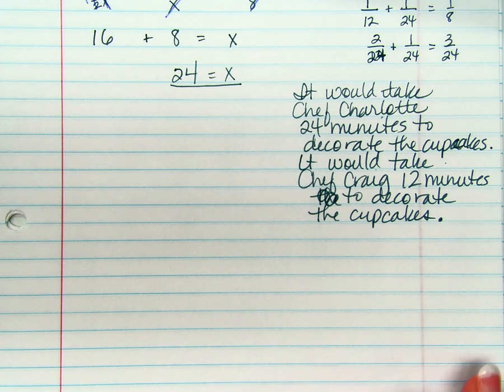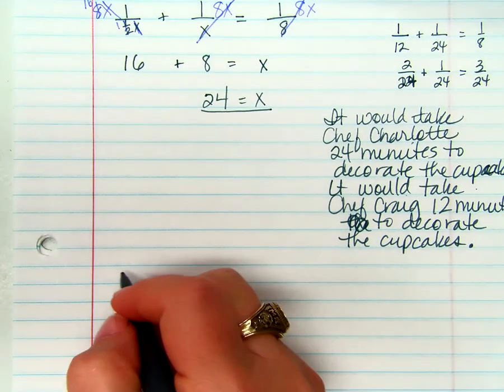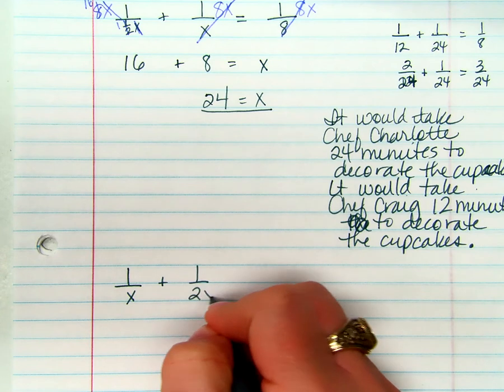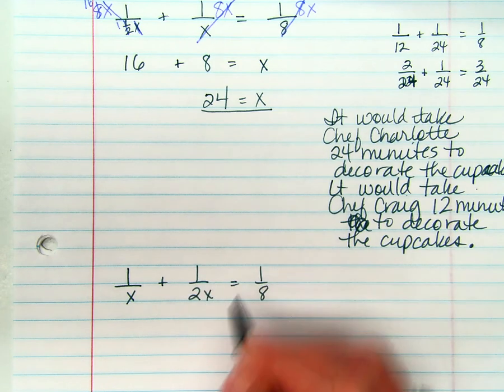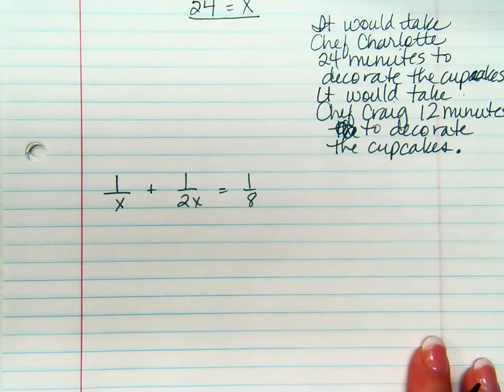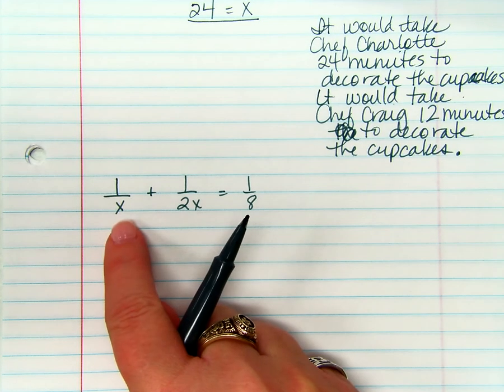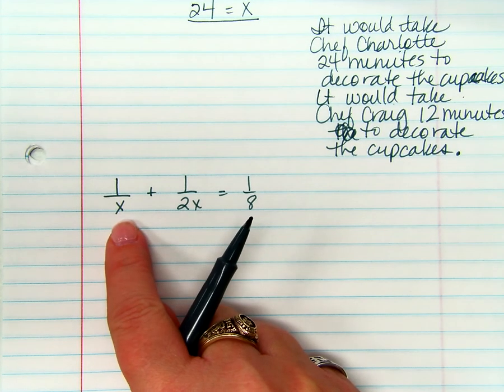Okay? Let me show you what some other people did. They did 1 over x plus 1 over 2x equals 1 over 8. Is it really? What is their x representing? It's representing Chef Craig, right?